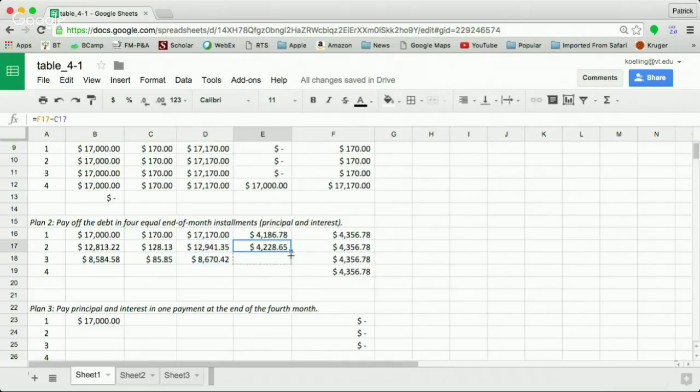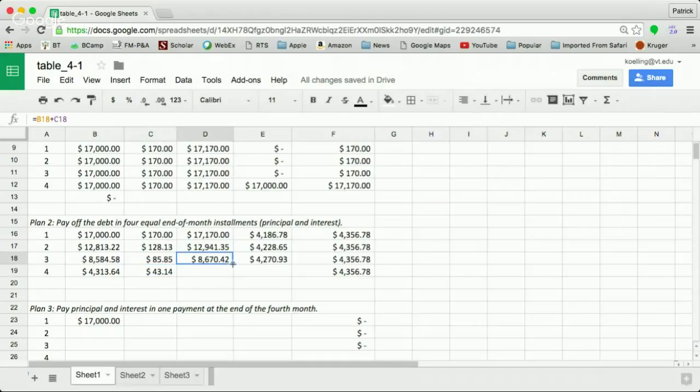Here's how much of that is principal payment, because remember, I'm still making these constant payments every month. What do I owe at the beginning of the fourth month? $4313.64. My interest is $43.14.